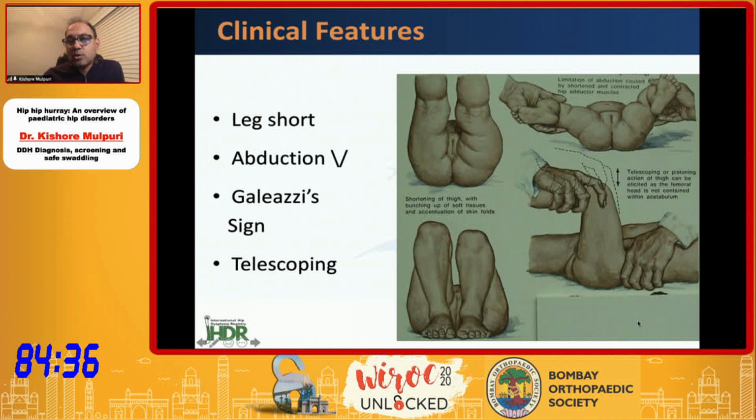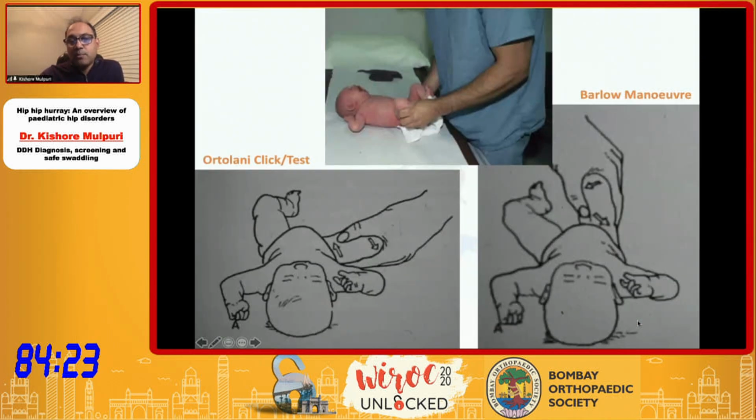When children get to walking age, then we start looking at lumbar lordosis and either a one-sided Trendelenburg gait or, if bilateral, a waddling gait. So it's important to keep in mind, based on the age, your clinical exam may differ. So Ortolani and Barlow maneuvers, I'm not going to spend time with this audience describing what they are. You're all very familiar with that. That is a test that you can master if you examine children.